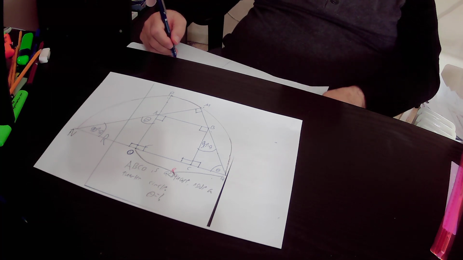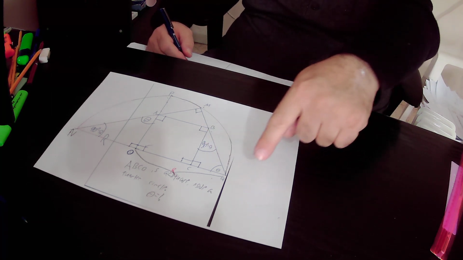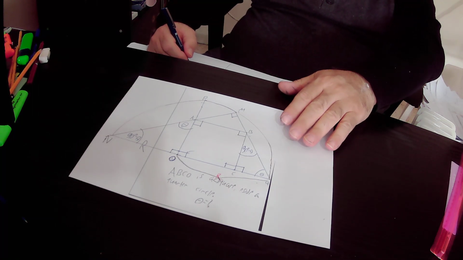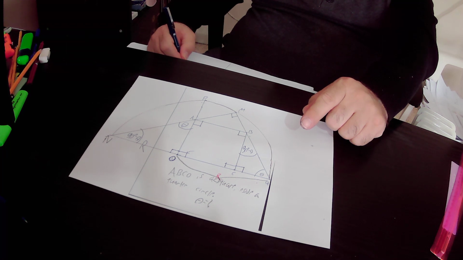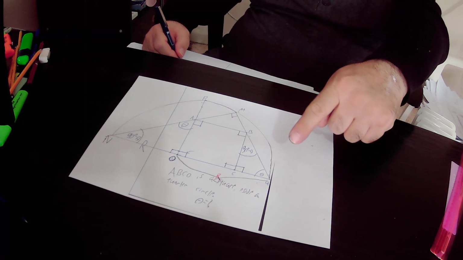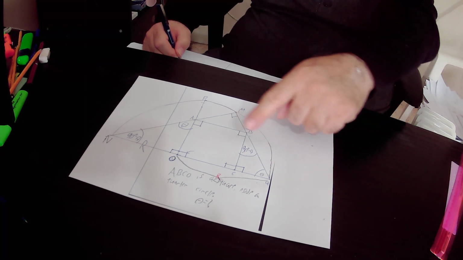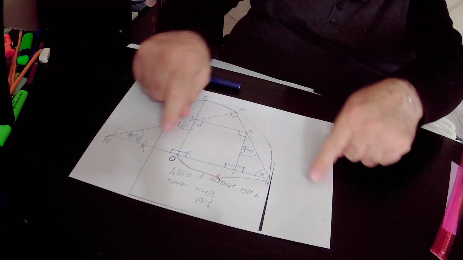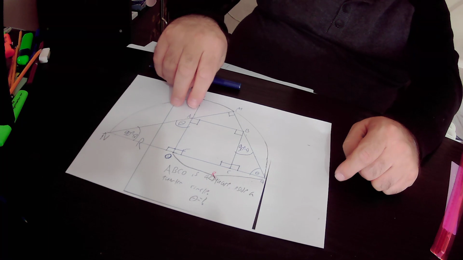We'll find out the value of line segment QC. On the drawing, it is very easy to see that the value of line segment QC equals QO minus OC. QO minus OC equals QC.